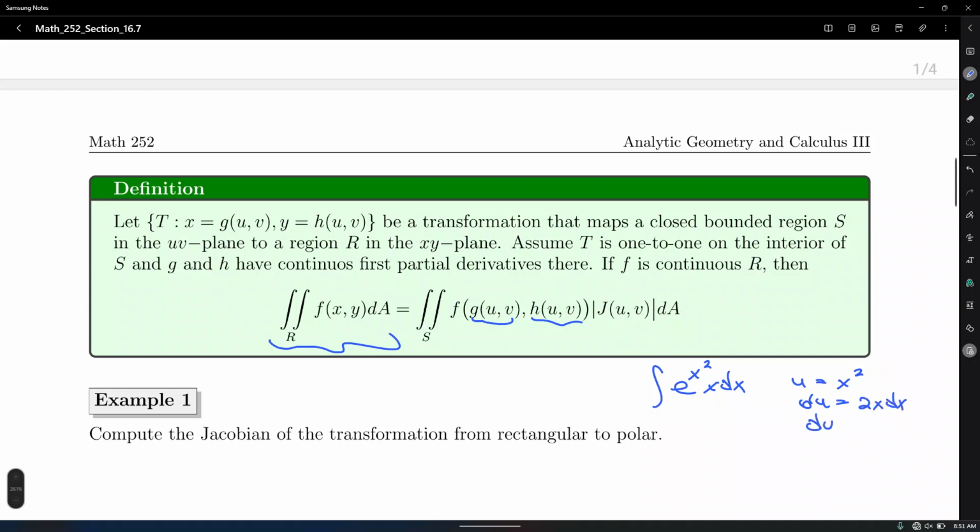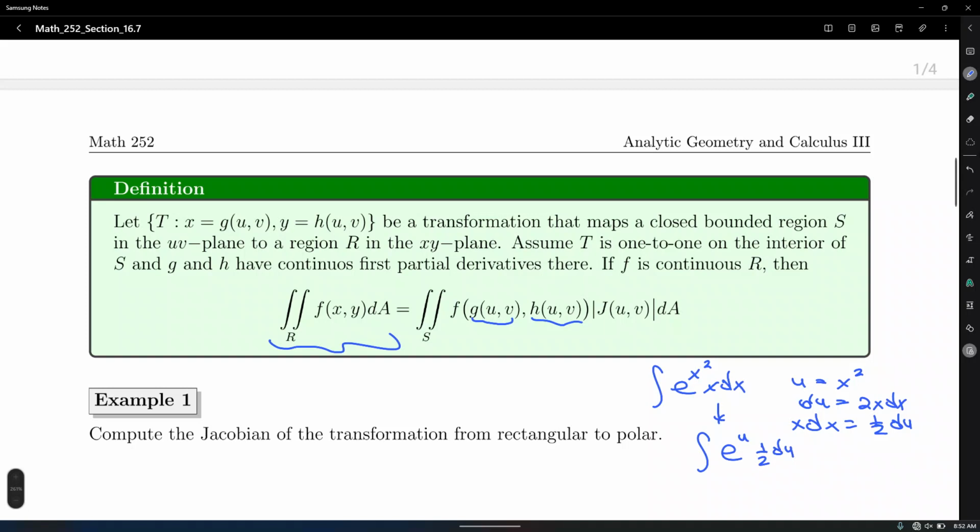So that means x dx equals 1/2 du. So when we write this integral, we get the integral of e to the u, 1/2 du. That factor compensates the u du part of the problem.